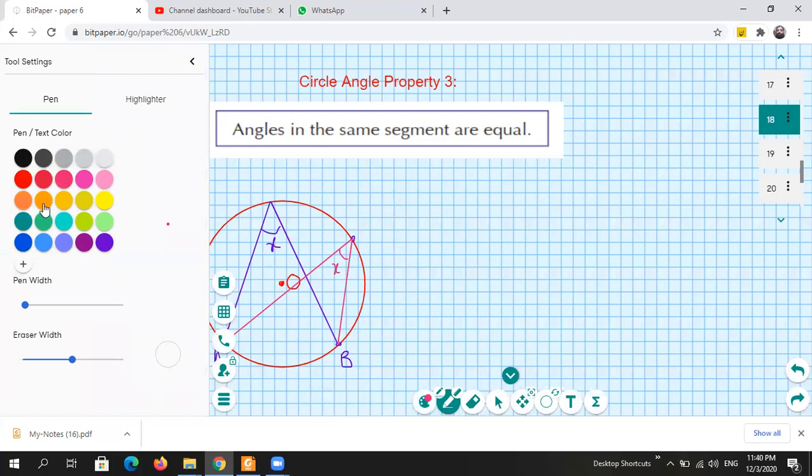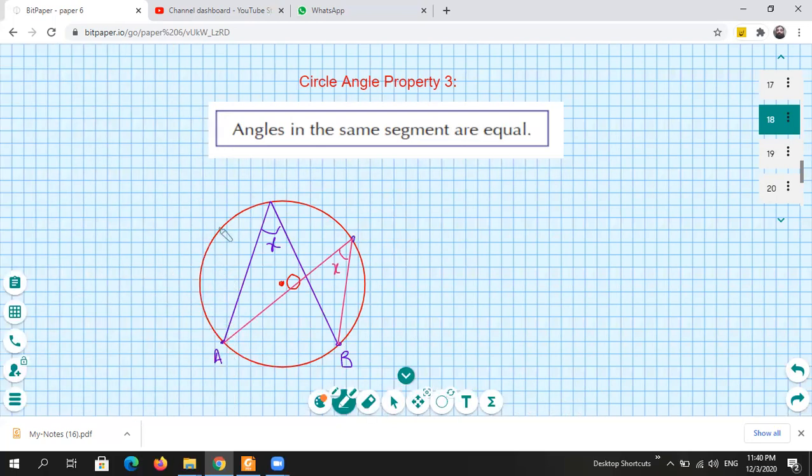Similarly, I'm choosing another one at this point. So this angle will be X as well. So you can see that angles in the same segment are equal because all of the angles are made by the same arc AB on the circumference.